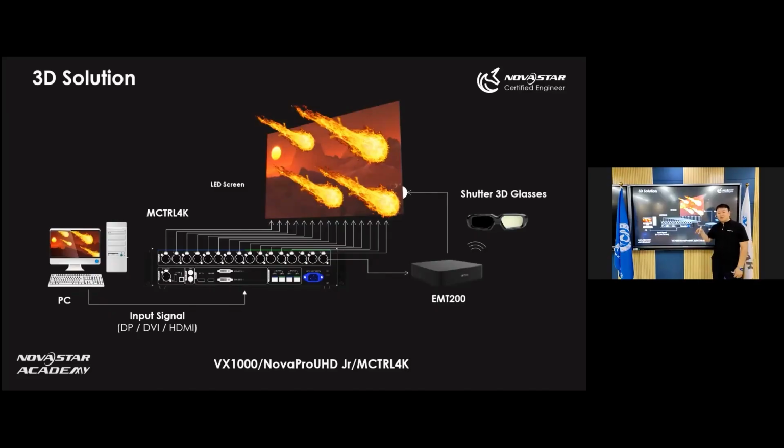So the system frame rate will increase to 120 hertz, so the loading capacity will also be cut down by half. So you just need to remember, for the HDR project and for the 3D project, the sending controller loading capacity will be cut down by half. And if we want to do this kind of project, we need to select the VX1000, Nova Pro UHD Junior, and MCTRL 4K. They all support 3D solutions.